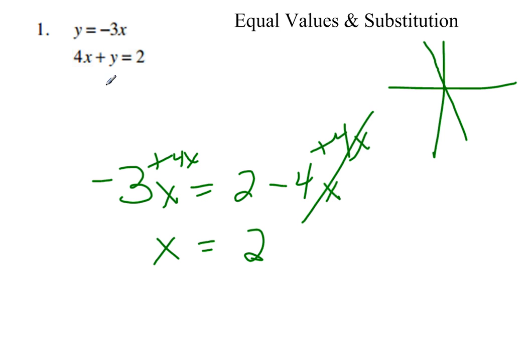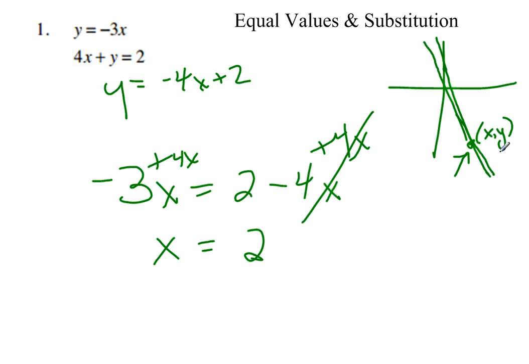And y equals, in slope-intercept form, negative 4x plus 2 crosses up here, and then it goes down 4 over 1, so it's a little steeper. They're going to cross eventually, being perfectly straight lines, of course. Somewhere they're going to cross. That point is an ordered pair, an x and a y. We only found the x value of it. So we found that this is 2. We have to find this point down here.